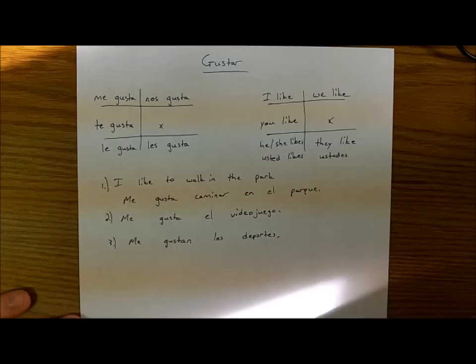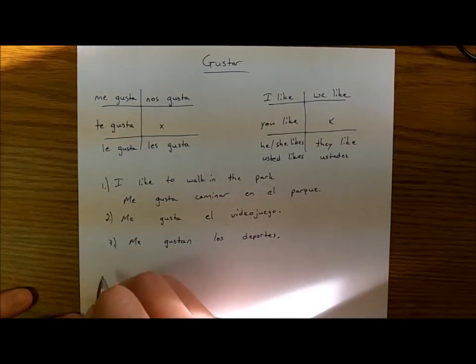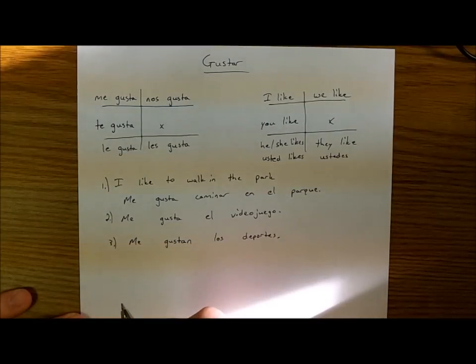It cannot be anything else. And the same goes with we like. We. You can't change that. No differential or anything. So, when we're using le and les, we have to do what we call a specifier. Let's use it in a sentence. He likes to run.